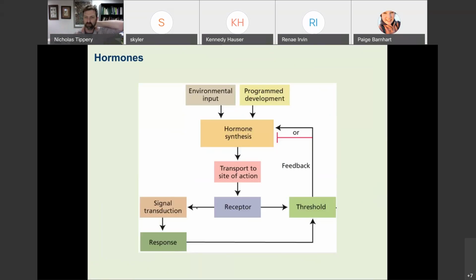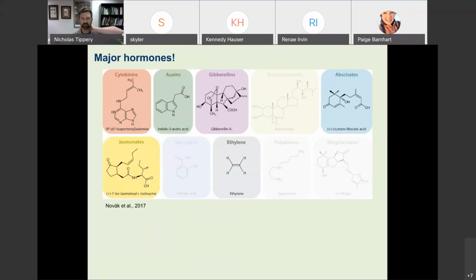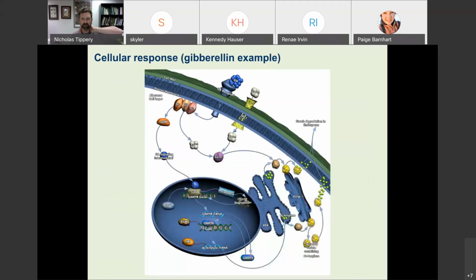So a particular hormone is detected by a receptor molecule, and that receptor molecule passes on a signal that eventually results in an outcome. I think I'm talking about things in a little bit different order than I have the slides.